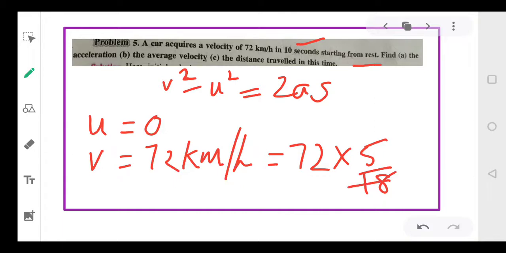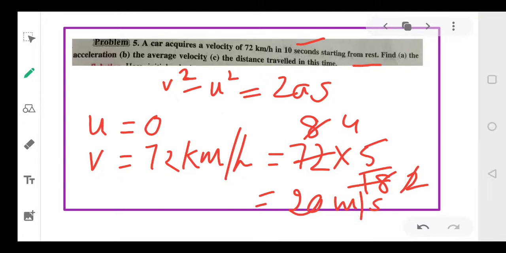So we can divide it by 9. So it is 20 meter per second. The value of v is 20 meter per second, right everyone? U is 0, v is 20 meter per second, and your t is 10 seconds.